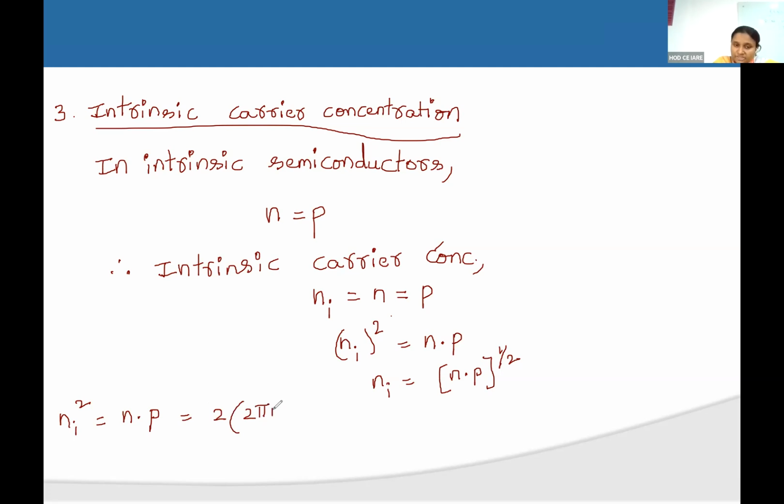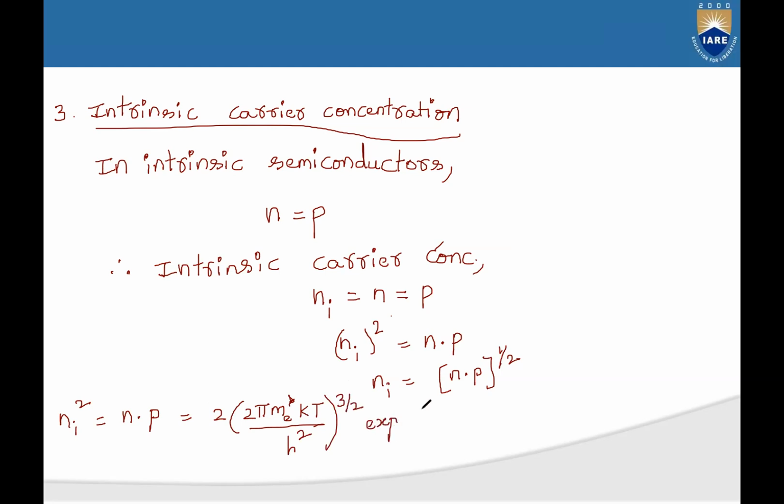What is N? The expression is 2 into (2 pi me star kT by h square) whole to the power of 3 by 2, into exponential of (EF minus EC) by kT. And what about P? What expression did we get for P?